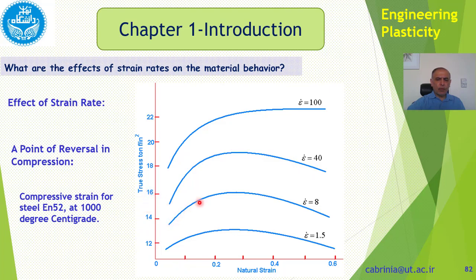Here again it shows the effect of softening very considerably. It is very appreciable that the softening of the material can be seen very clearly at 1.5 per second for strain rate.